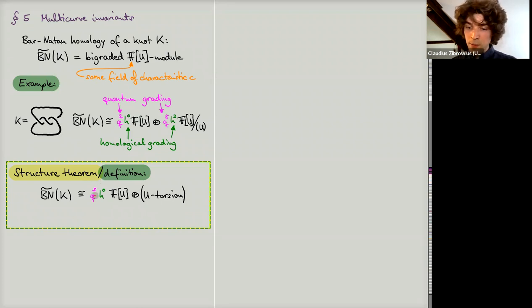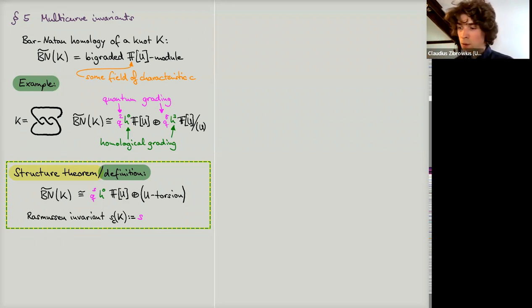And then there's one interesting piece of information in this free summand, namely the quantum grading. This quantum grading of this single copy of F[U] is precisely the Rasmussen invariant. For instance, for the trefoil knot, the S invariant is equal to 2 because the quantum grading is 2.